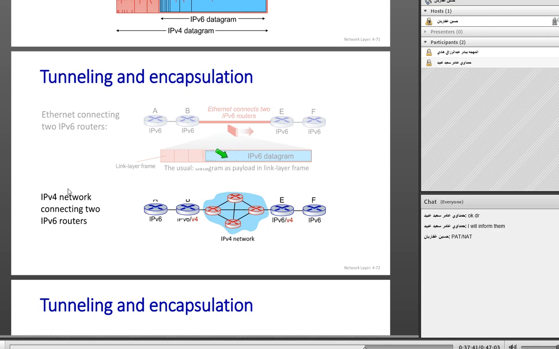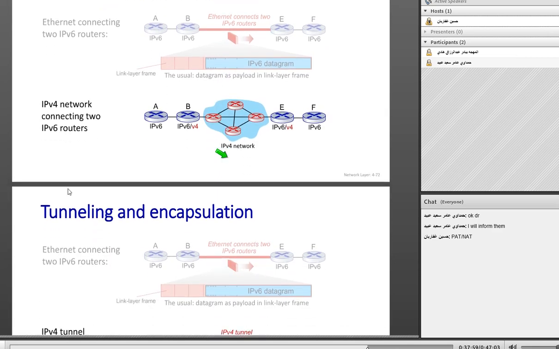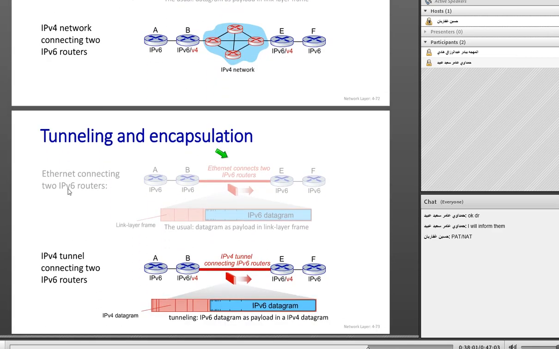So in this network, we have to use the tunneling strategy. We have to encapsulate all IPv6 packets into IP version 4 packets. Okay?